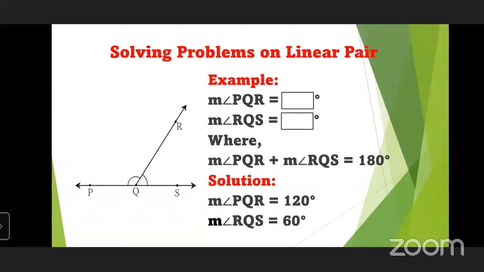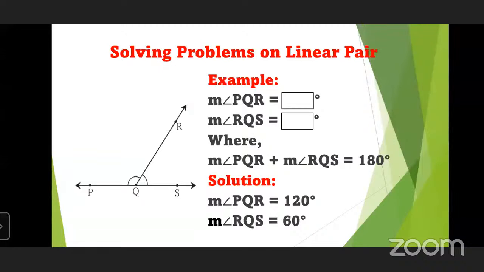Now, how to solve a problem based on a linear pair? Here a figure is given. PQR and RQS are two angles. In this figure, we have to find angle PQR and angle RQS.